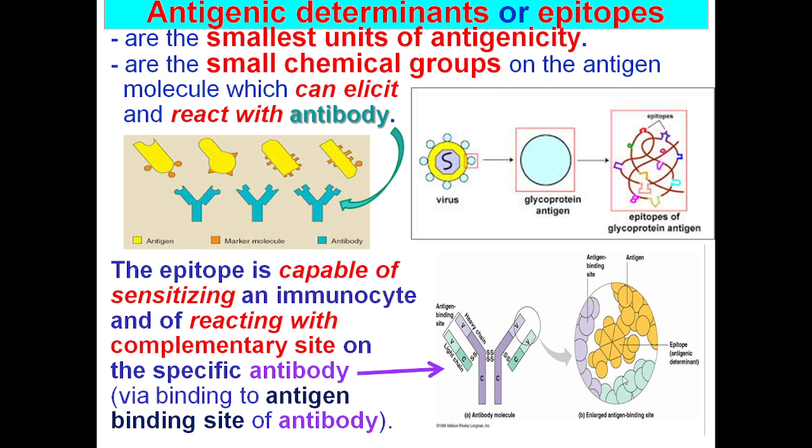And this interaction is characterized by high specificity and strength. If the structure of the antigen binding site wouldn't fit the structure of the epitope, interaction between atoms of these two molecules would be impossible, and recognition of the antigen would be absent.